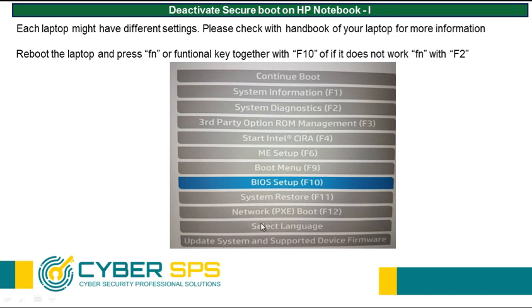I go to the BIOS setup by pressing F10. It can be the case that in different laptops it is different, but you also have to use the function key, because usually F10 works with the function keys.